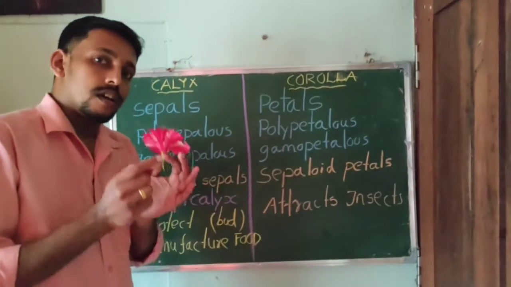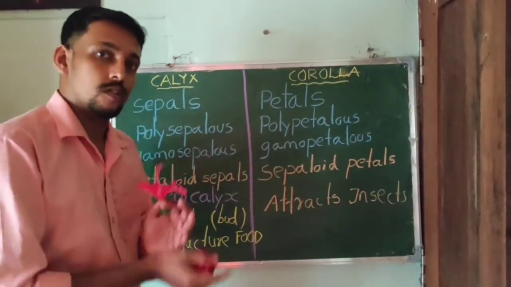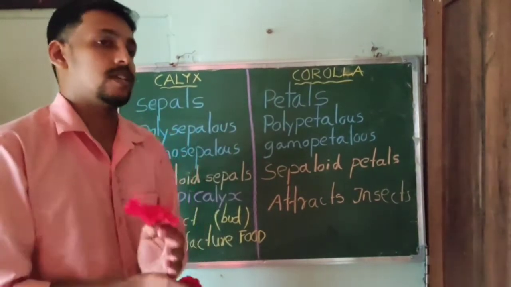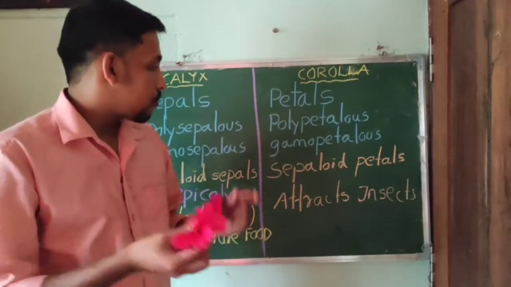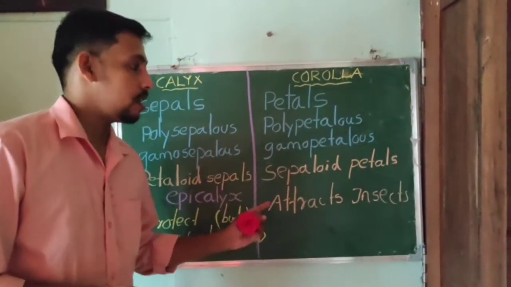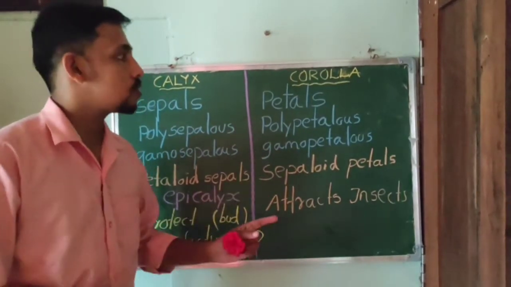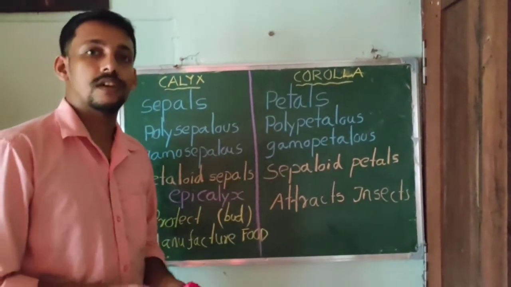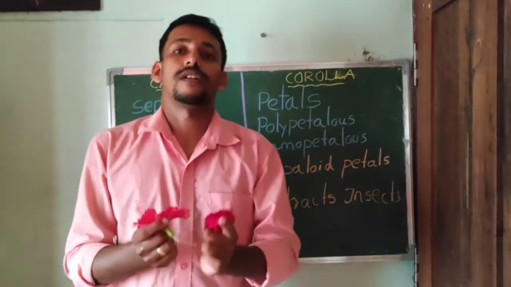It protects the flower during the bud stage. And being very brightly colored, it can attract insects for pollination. So these are the two functions of the corolla.